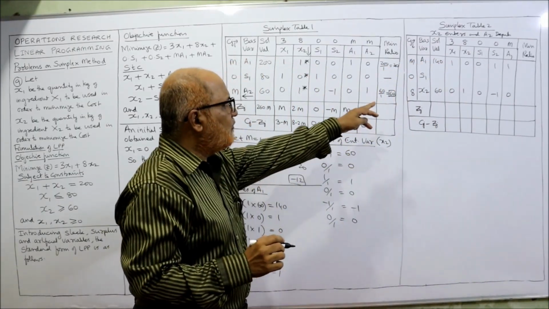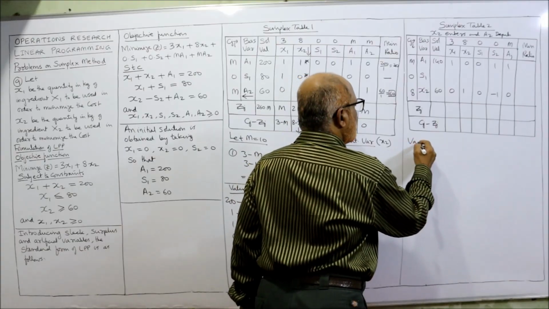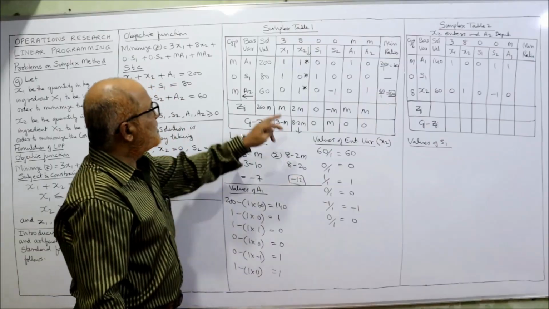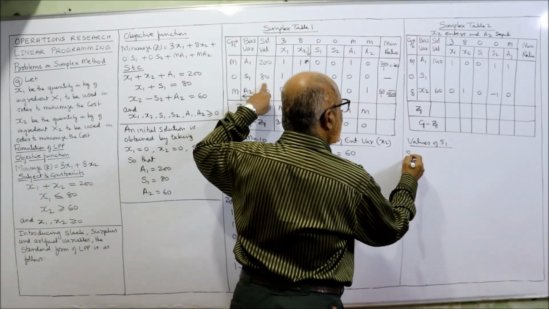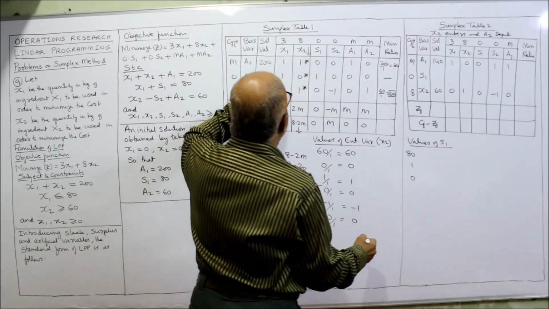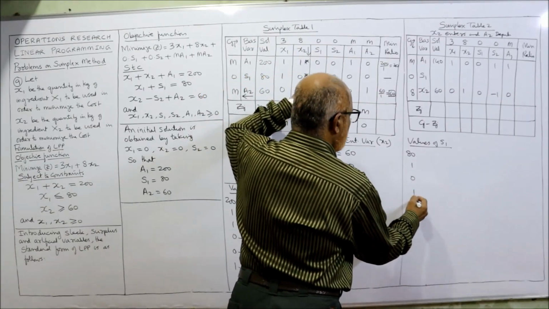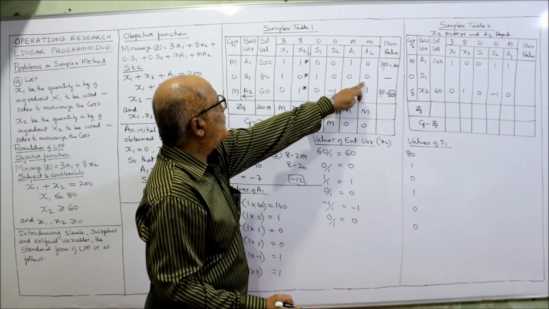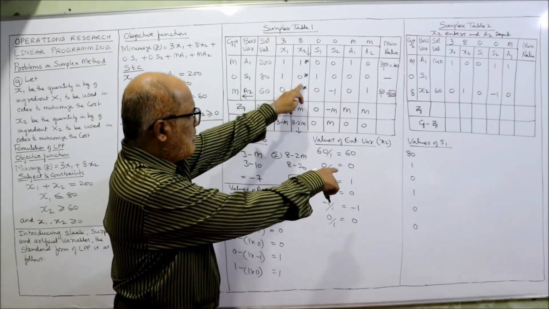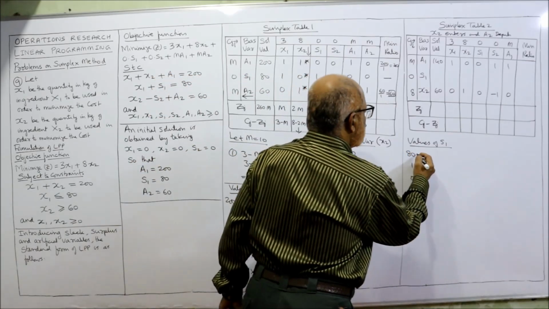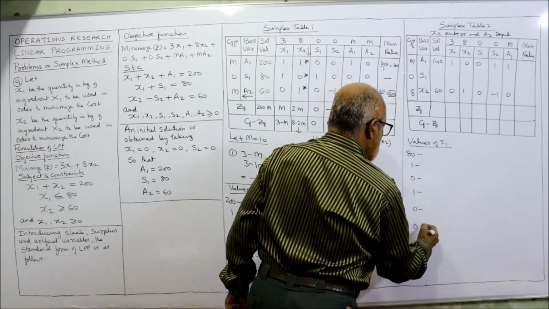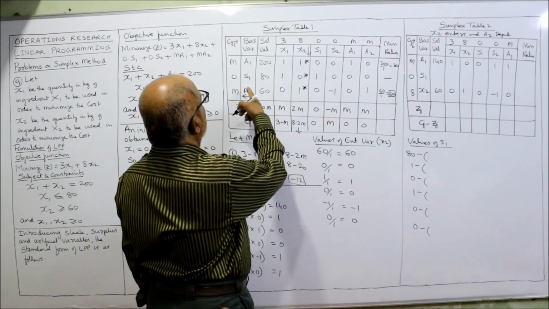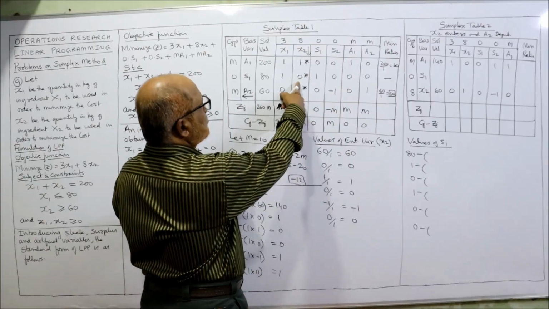Now we need the values of S1. Old values of S1 are 80, 1, 0, 1, 0 and 0. The last 0 we are not taking, A2. So 80, 1, 0 and 1, 0, 0 minus intersectional element. What is the intersectional element of S1? It is 0.